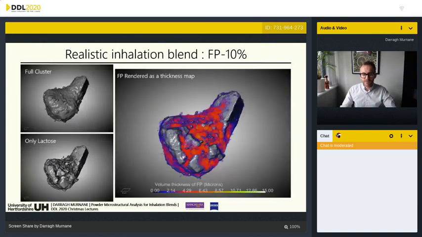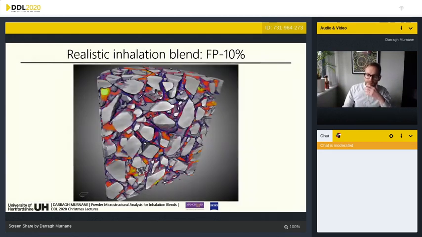And we're able to identify materials such as this, where we can identify in mixed agglomerates where we've got lactose, micronized lactose, or small particle size lactose combined with fluticasone propionate, and where that distributes over these complex clusters. So we're really able to build up microstructural information here of the FP distribution within that pharmaceutical blend. So we can also see now the position of the drug, again, in 2.5D rendering.